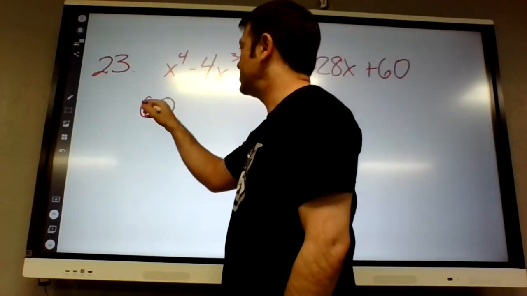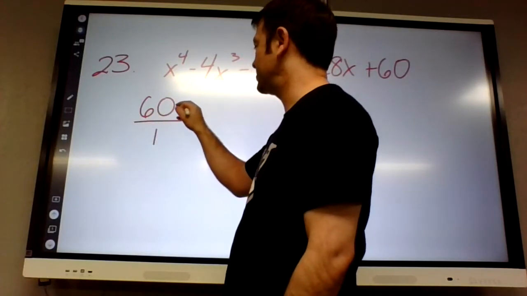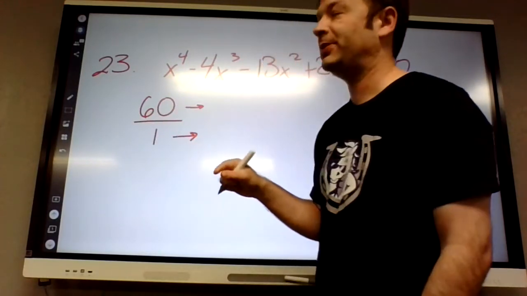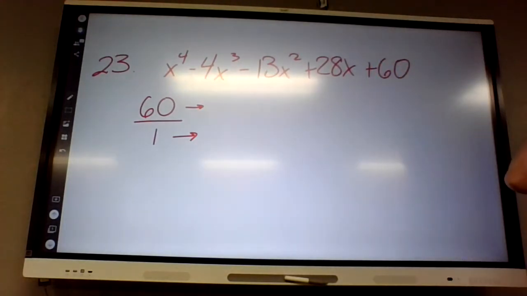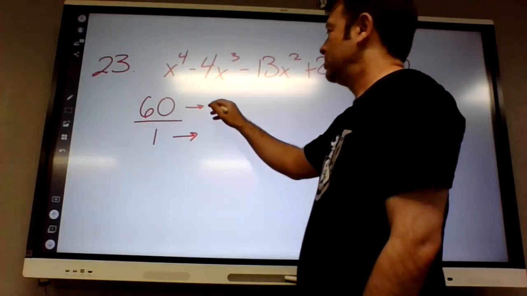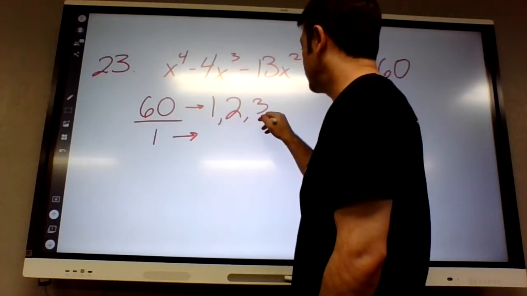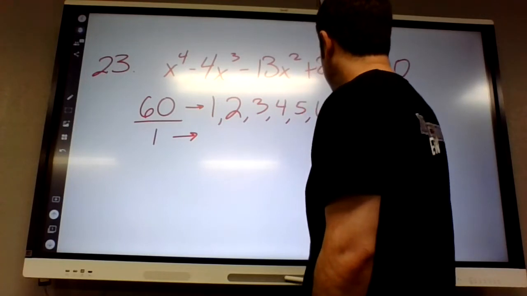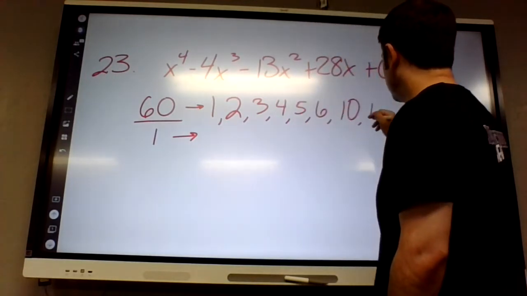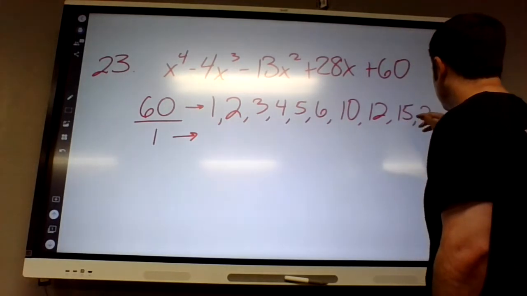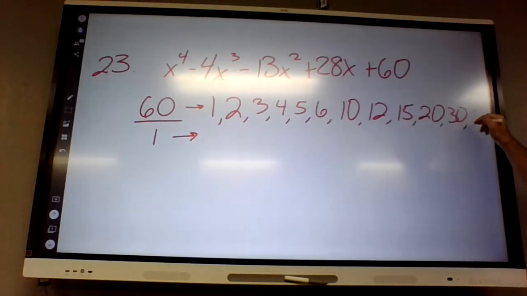Factors of 60 over factors of 1. Oh boy, 60 is a doozy. I suspect the reason we have 60 minutes an hour, 60 seconds in a minute is because 60 is highly divisible. 1, 2, 3, 4, 5, 6, 10, 12, 15, 20, 30, 60, over 1.